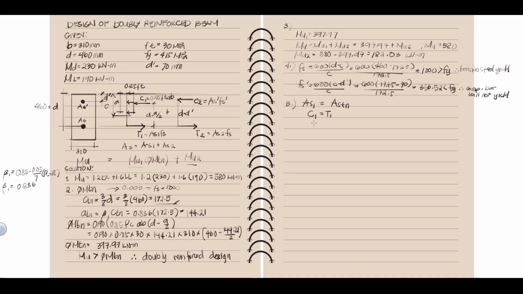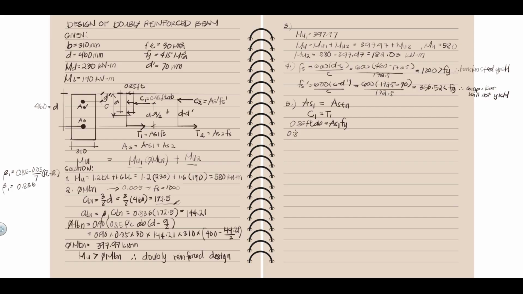So, we will have this equation, C1 is equal to T1. So, 0.85 F prime C AB is equal to AS1 Fy. So, bakit Fy ang ginamit natin? Because steel or tension steel will yield. Okay, take note, tension steel will yield.